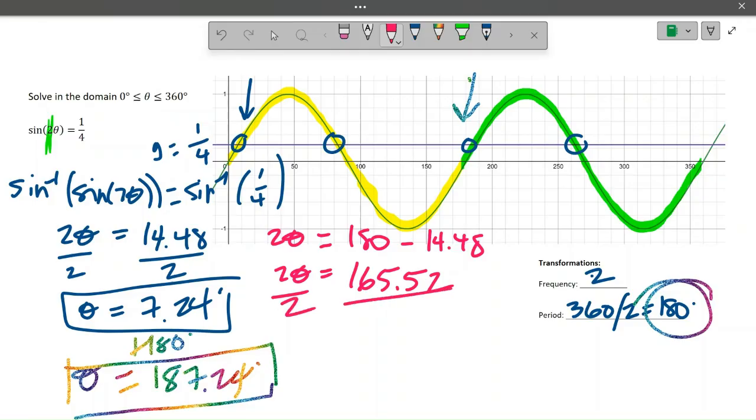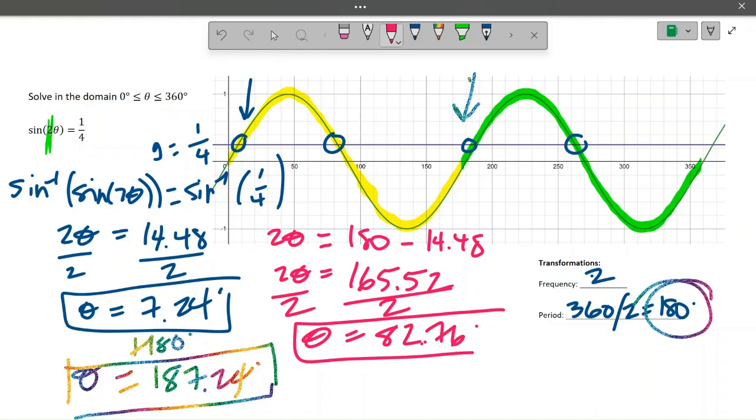I'm doing that by dividing both sides by 2. And when I do that, I get 82.76 degrees. That falls within our domain, and it's this value right here.